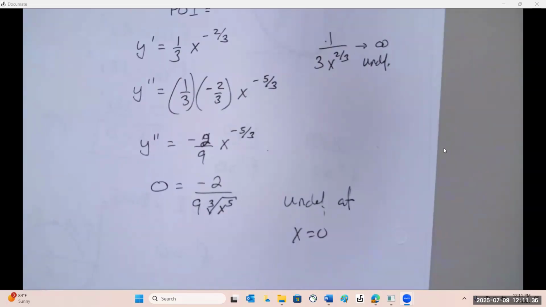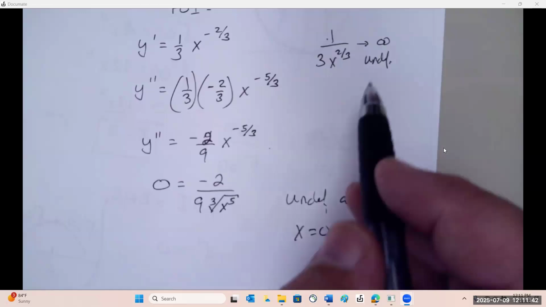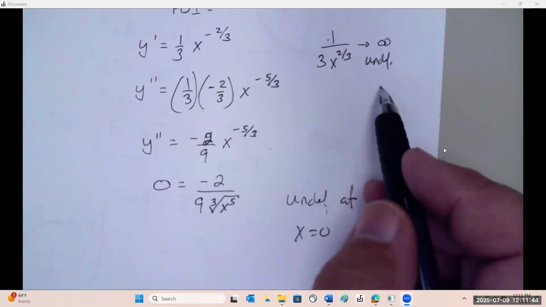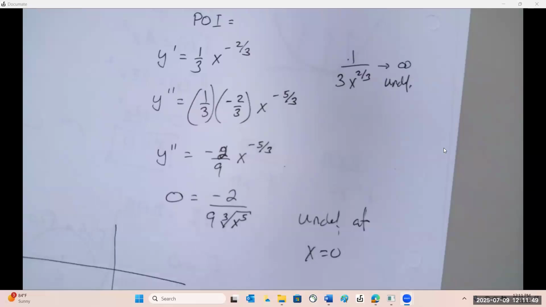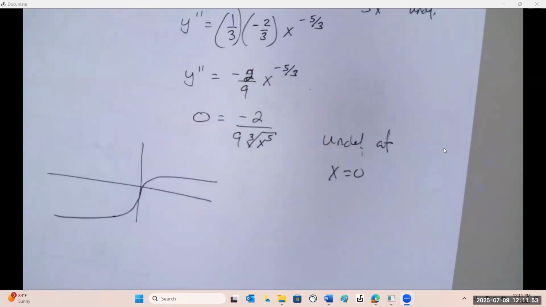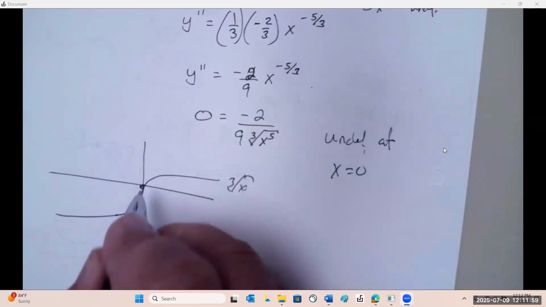So what this tells us, because our second derivative is undefined at 0, is that we have a vertical line at 0. And that's what our graph is going to look like. The cube root of x looks like this. So what happens at 0?